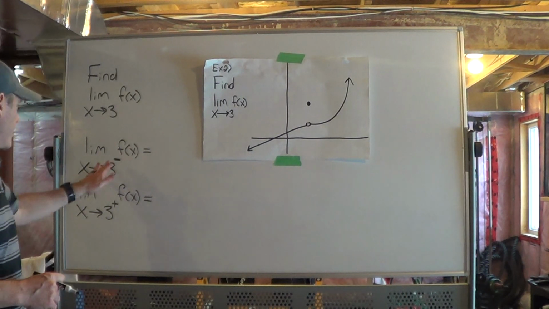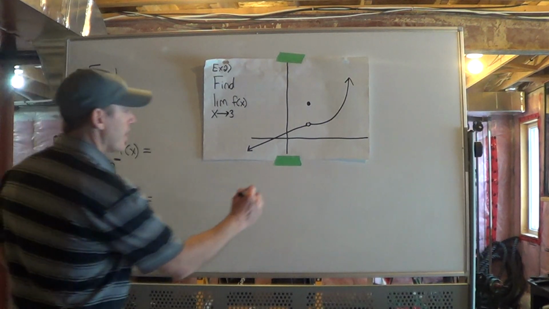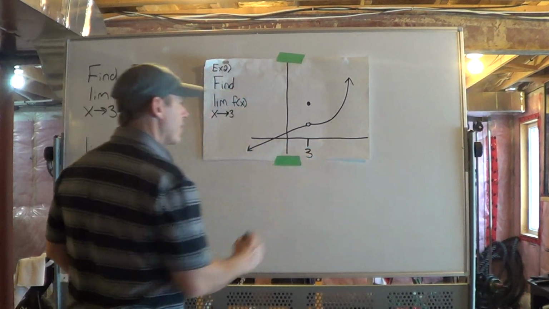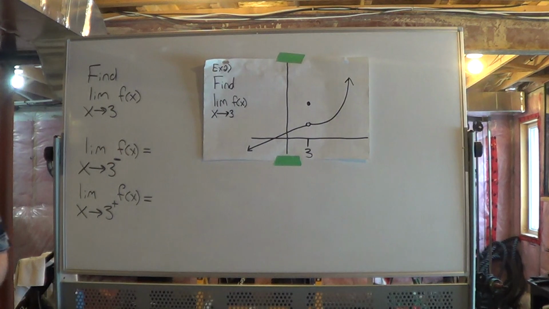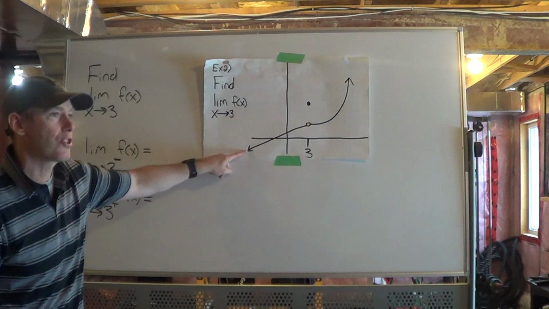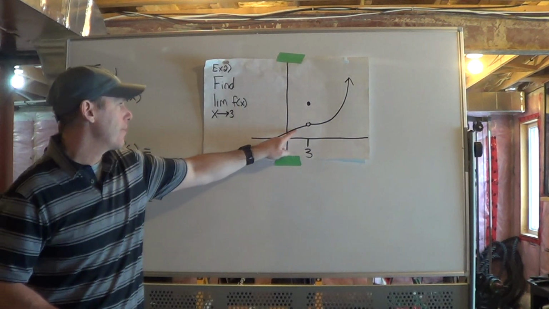So, what does this mean? As x approaches 3 from the left-hand side. Now I'm not sure if you can see it on my graph. I know you can actually. There's the x value of 3 right there. Now as I approach 3 from the left-hand side, I start at my arrow, I move up and up and up.